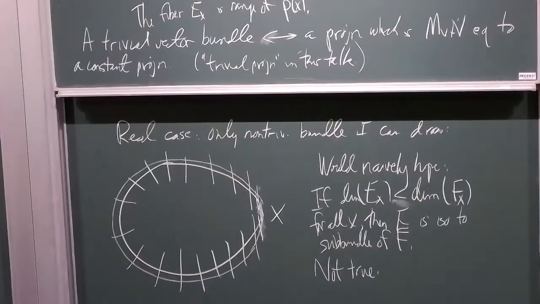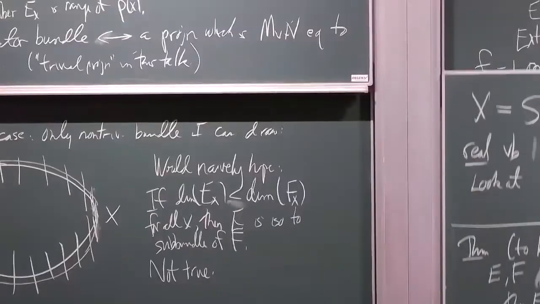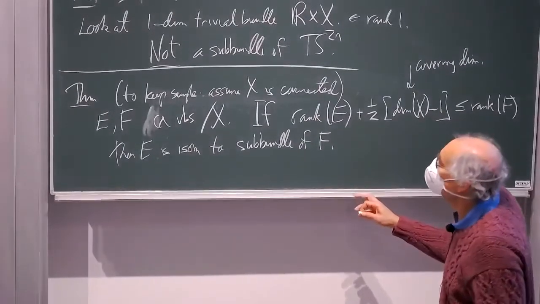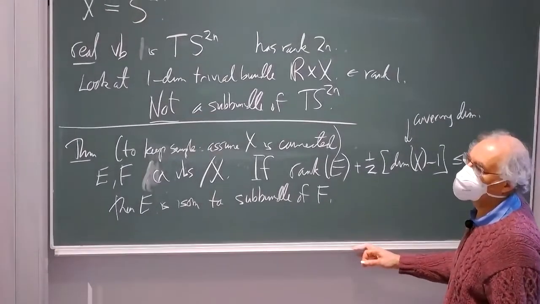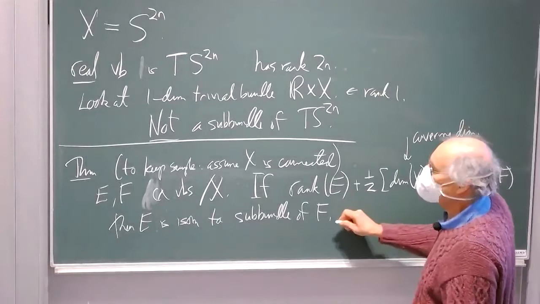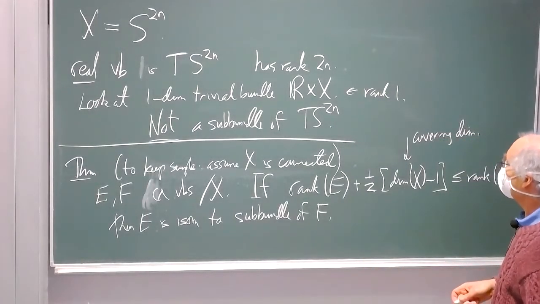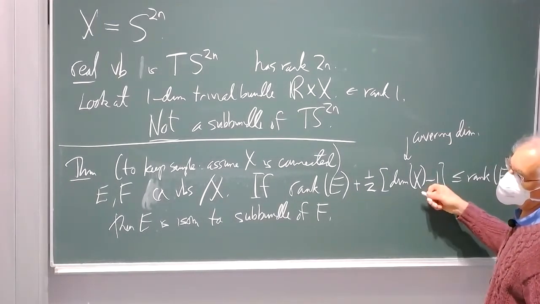Let's see. Yes. Being very slow, just the comment that Tristan was making about this theorem. So if E is the trivial bundle, then it's rank 1. Yes. The rank of the target bundle is 2n. Yes. On the left hand side, you have 1 plus. Yeah, but this is the real case. Yeah, I get that. If you get rid of the half, and then on the left, you have 1 plus 2n minus 1. Yeah, I didn't check what the exactly correct thing here is.